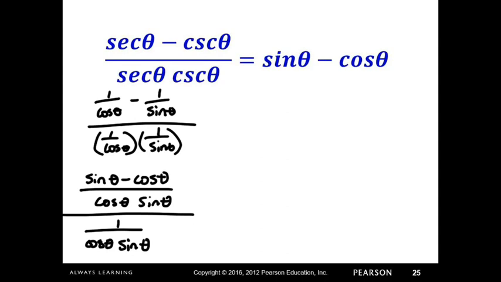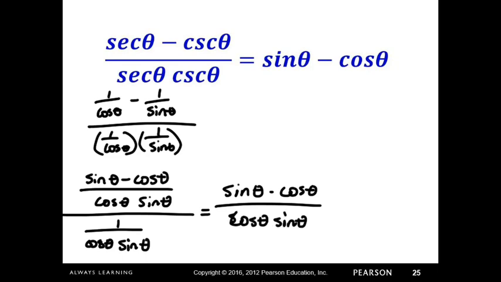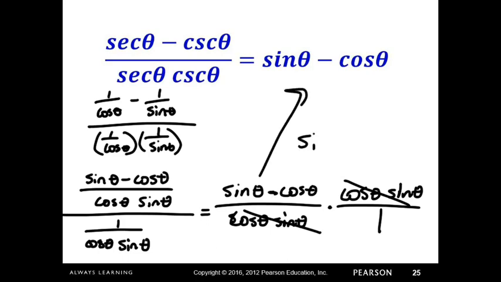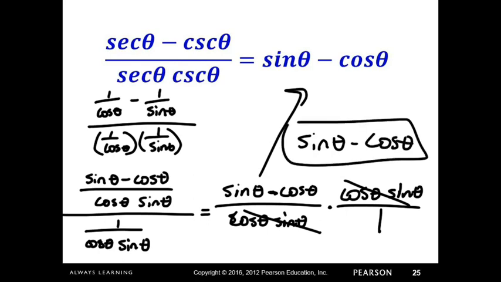So we're going to divide the two fractions, so we invert and multiply, so times cosine theta sine theta over 1. These cancel, and so you're left with sine theta minus cosine theta as your identity. Okay, so that's some examples.